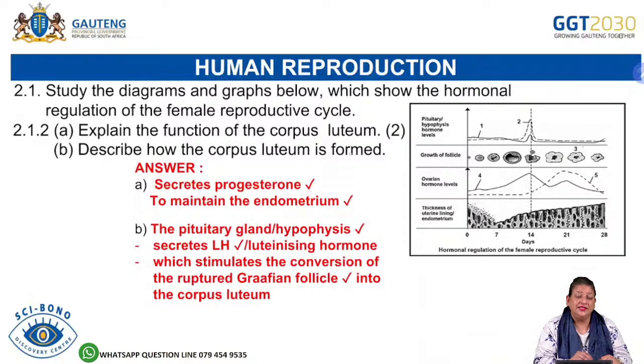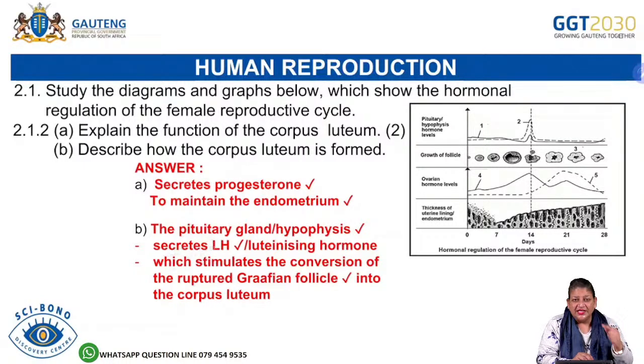Now, describe how the corpus luteum is formed. Very poorly answered in the prelim paper. The learners cannot just say that the Graafian follicle bursts and forms the corpus luteum. Many wrote that and it was wrong. They had to say, from the beginning, that it is the pituitary gland which secretes LH.